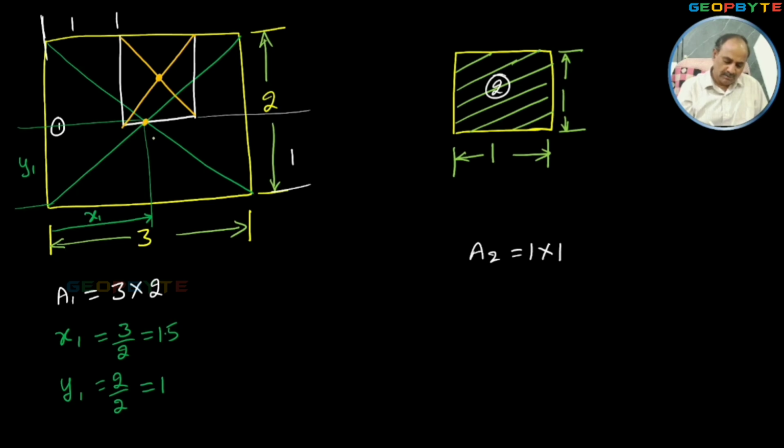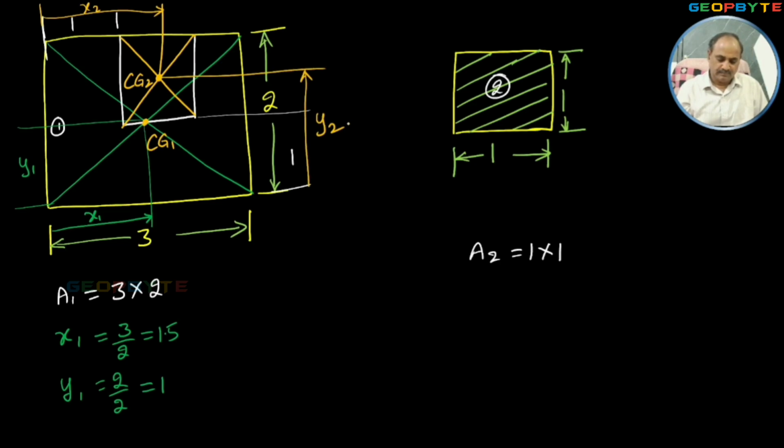For block 1, it is CG1. For block 2, it is CG2. Now, this is x2. Listen carefully. This is x2 and this is y2.